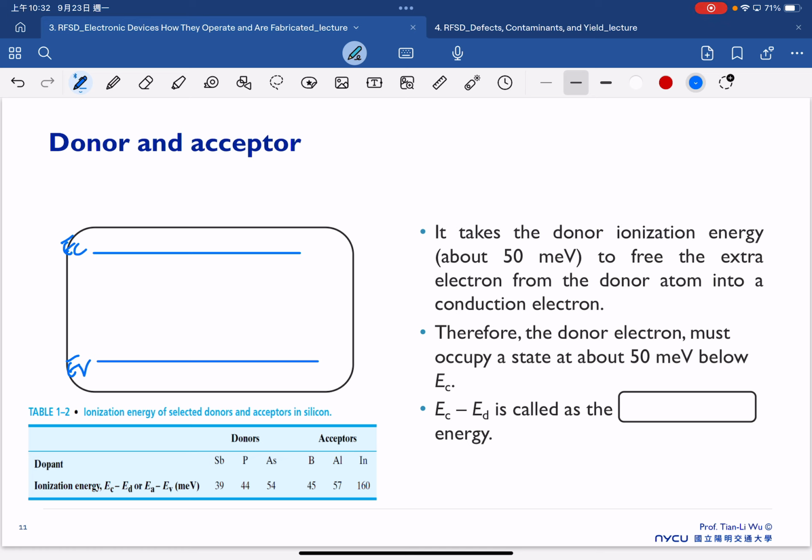Previously we already know that the most amazing part of semiconductor material is that we are able to dope our material. In the end, we can adjust the doping concentration. So for example, if we have donors inside the material, this donor can also be understood by considering the donor level inside the band gap.